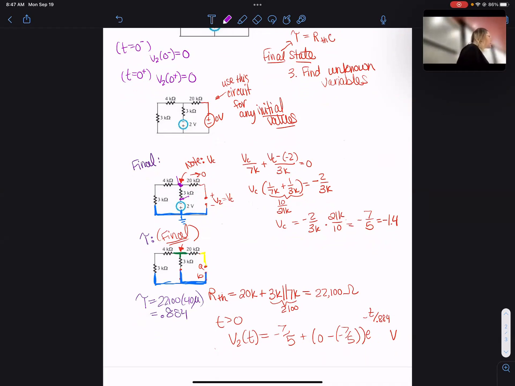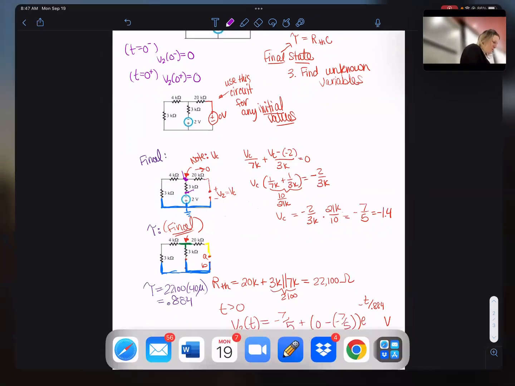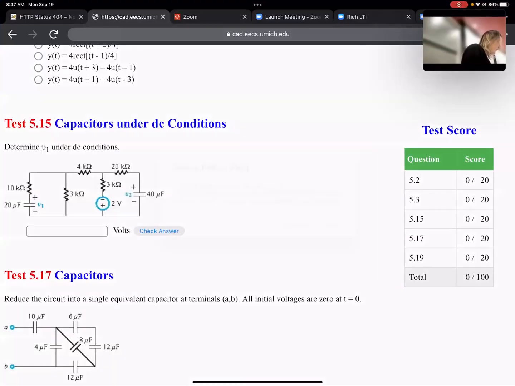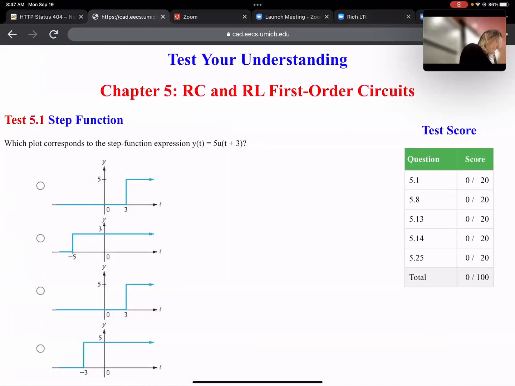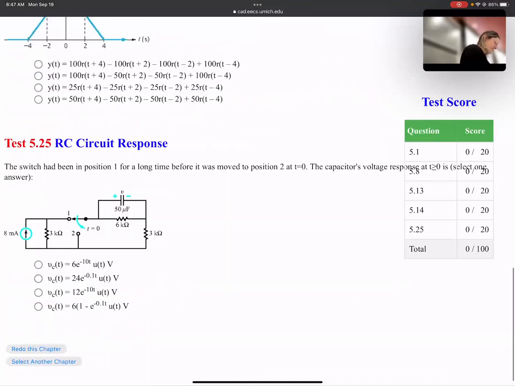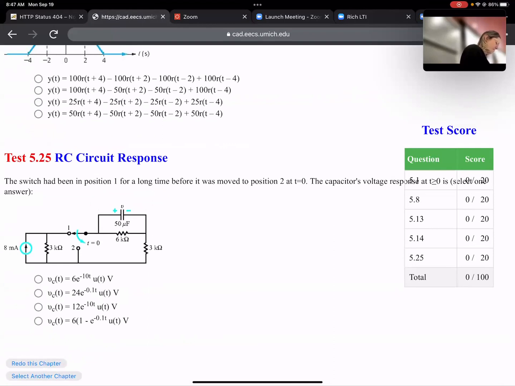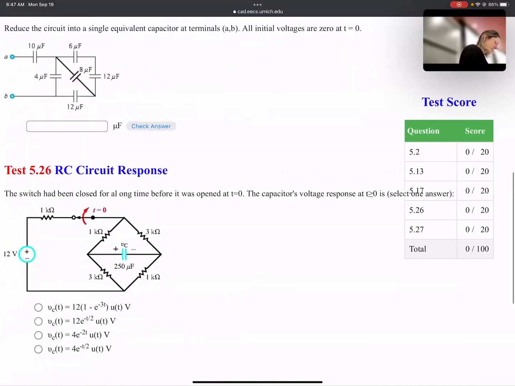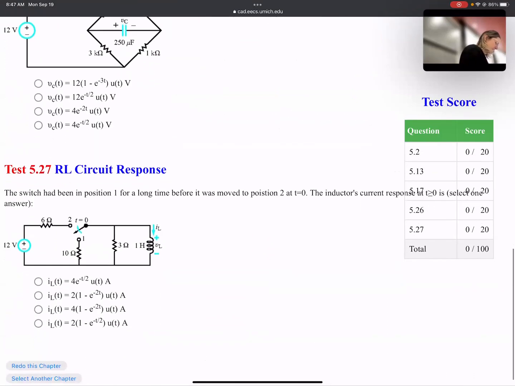All right, let me grab a problem. Oh, wait, can I see the initial circuit? Yeah, just a sec. There we go. RL.